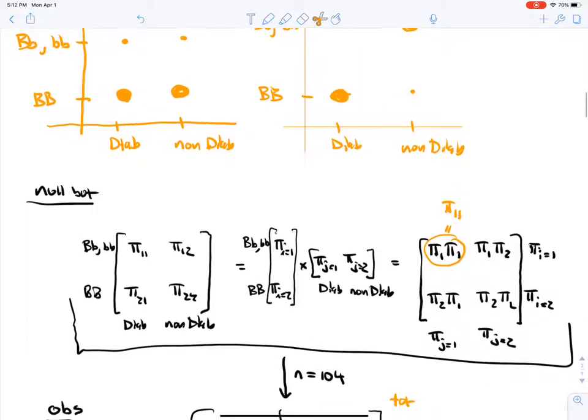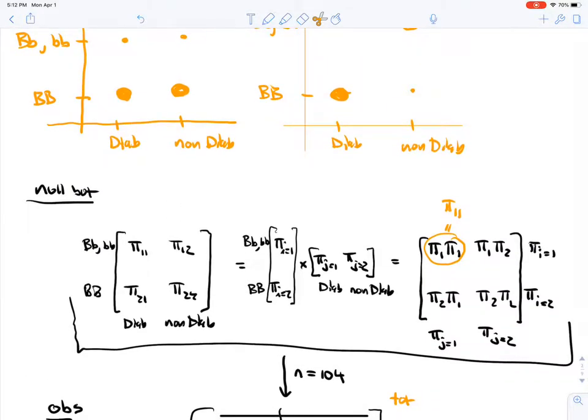So the null box now is going to consist of basically a 2x2, but the probabilities are determined by the multiplication of the marginal probabilities.